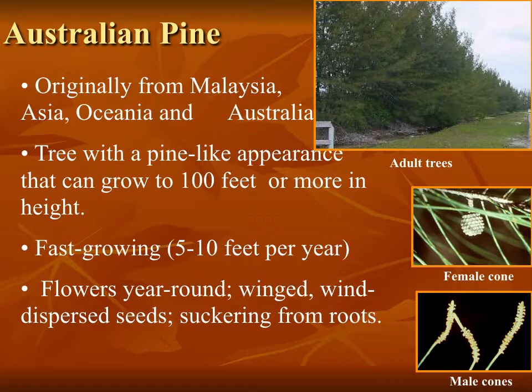So it was used for various things like wind breaks. The sad part of this is it's very shallowly rooted and is one of the first plants to blow over on a windy day. Again, it flowers year-round. The seeds get dispersed in the wind and things like that.